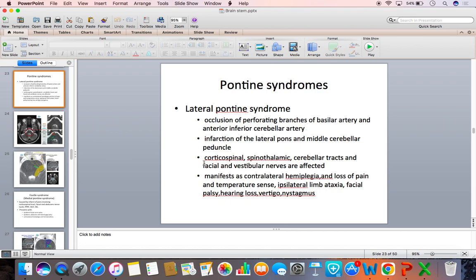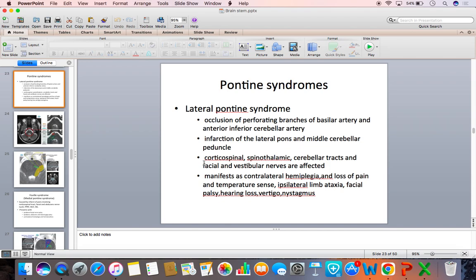A patient of 30 years who has been suffering from attacks of falls and vertigo suddenly presents to you with facial nerve palsy, weakness of one half of the body, and loss of pain and temperature sense.